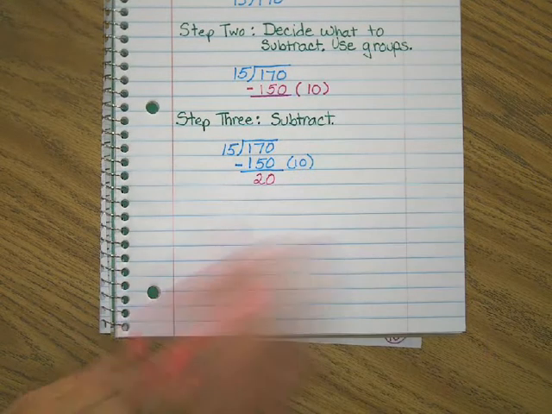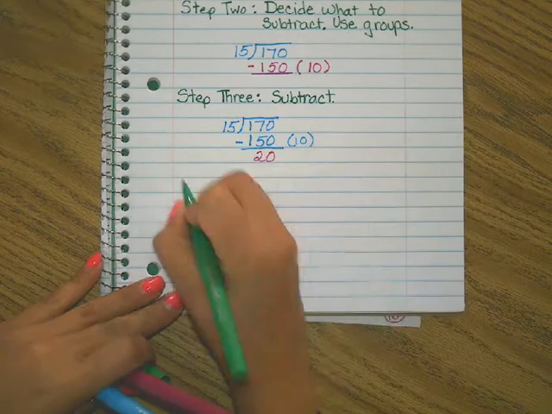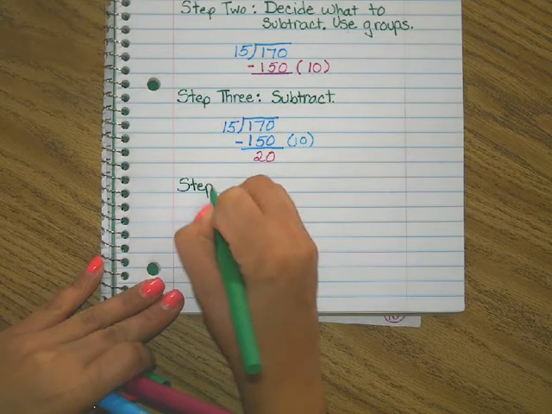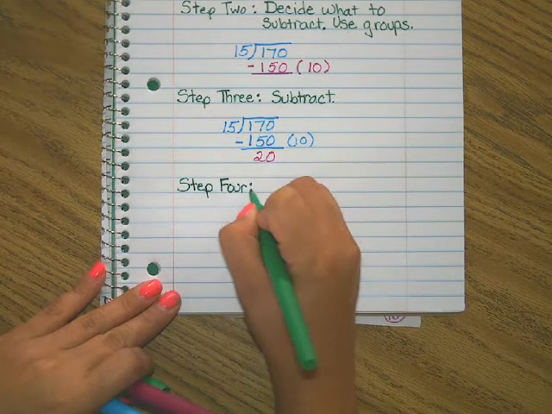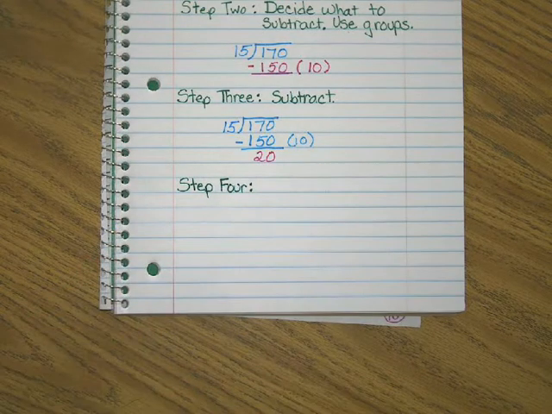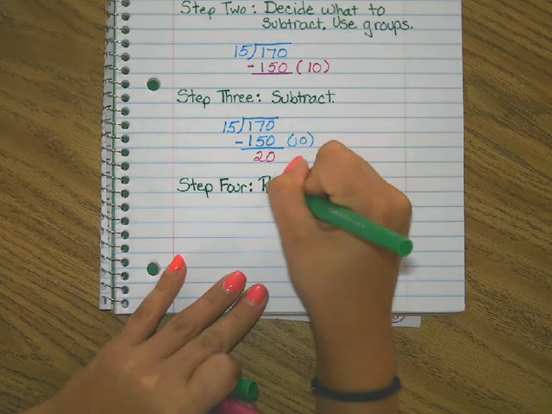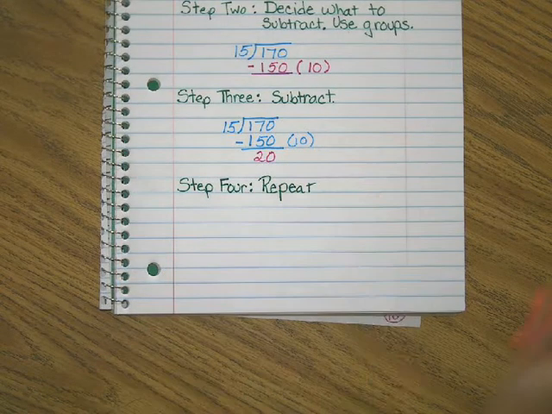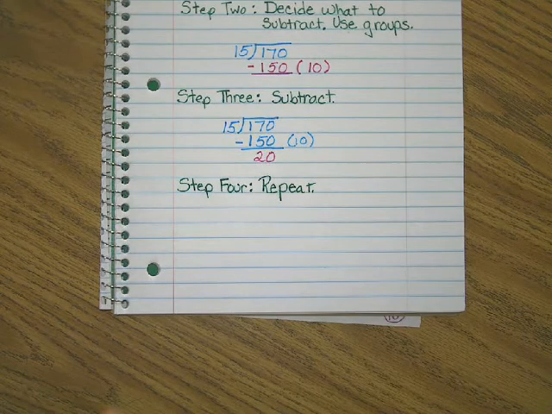Step 4 is repeat. So, we had the divisor. What's our divisor? 15. Knocking on the door with our dividend, 170. Then we subtracted 150 and we said, oh, that was 10 groups of 15. We got 20.